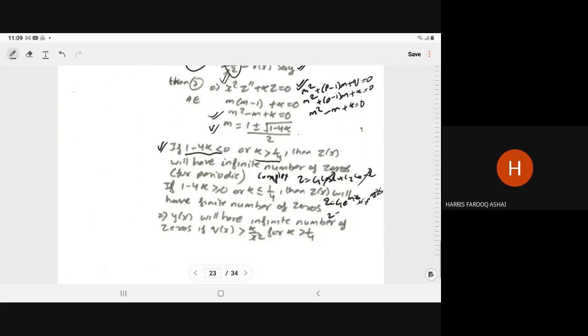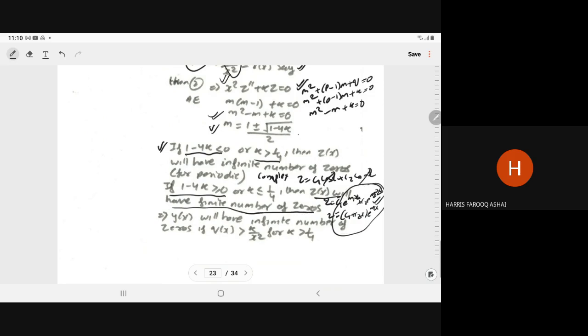So here, when we have real and distinct roots, we have the solution like this, and when we have equal roots, then we have the solution c1 plus c2 x times e to power mx, of this form. So if 1 minus 4k is greater than or equal to 0, or k is less than or equal to 1 by 4, then z(x) will have a finite number of zeros, due to the exponential function.